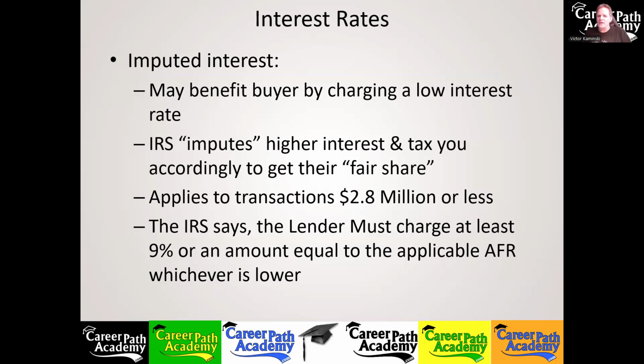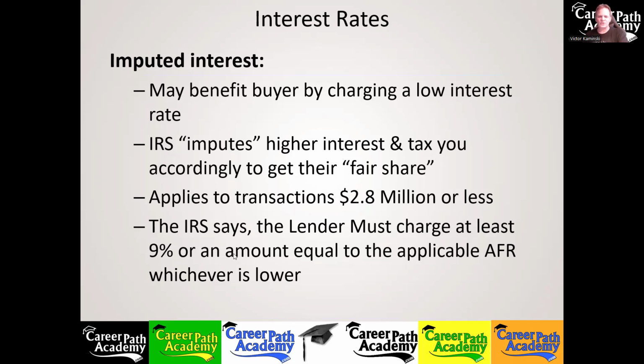However, the IRS can step in if you're not charging a high enough interest rate. The IRS can step in and impute a higher interest rate so that they could tax it accordingly, so they could get their fair share of your money. And they're not even targeting rich people on this. It applies to transactions of $2.8 million or less.